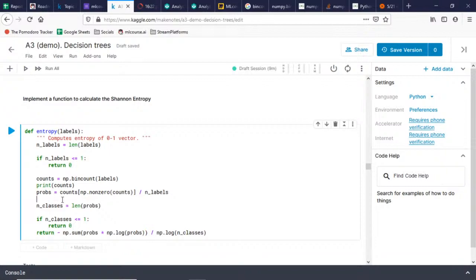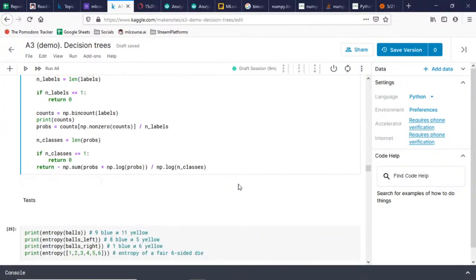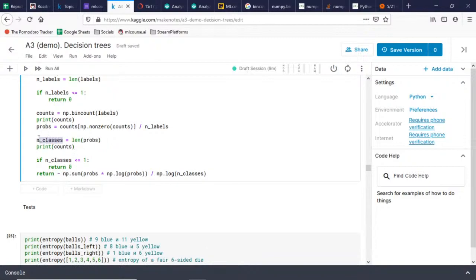Okay, so not sure why we are calculating. Yeah, well, I guess we want to change the base of the logarithm, but if, for example, we have 3 or more, the logarithm, like okay, so print and classes.